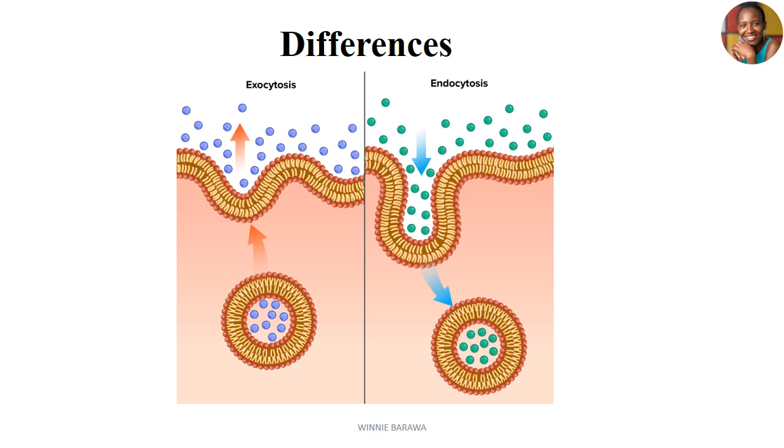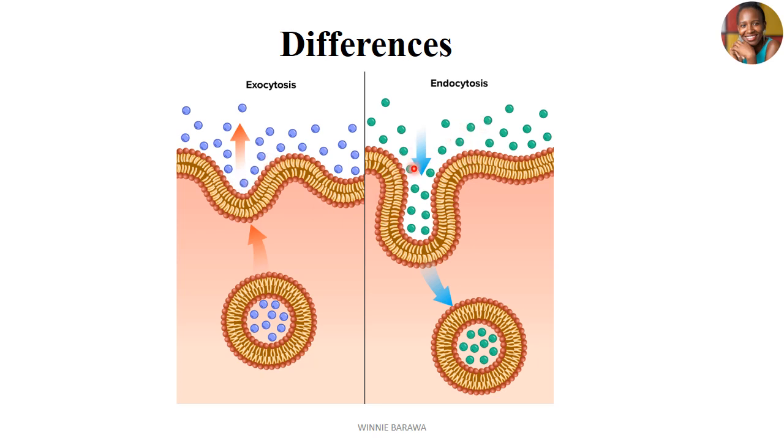So this is the difference between exocytosis and endocytosis. In exocytosis, materials are being transported from inside of the cell towards outside of the cell, so they are being removed from the cell. While in endocytosis, we are taking in materials from outside of the cell into the inner side of the cell. The main work happening here is we are using vacuoles and vesicles, and they will all be coming to the cell membrane.